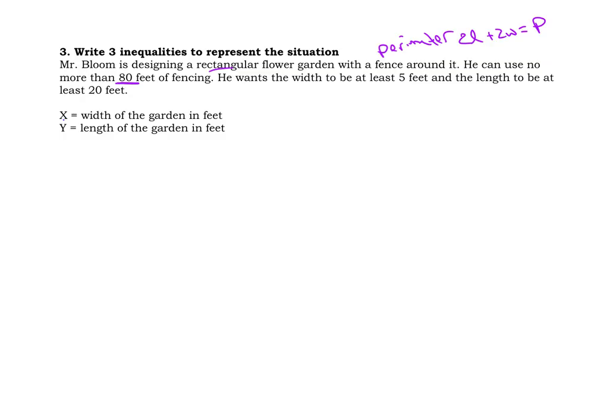It's telling me to use x and y, so 2x plus 2y, and 80 is the biggest, so the perimeter has to be 80 or less. Then he wants the width to be at least 5 feet, so the width is x and 5, and the least means that's the smallest I want it to be.